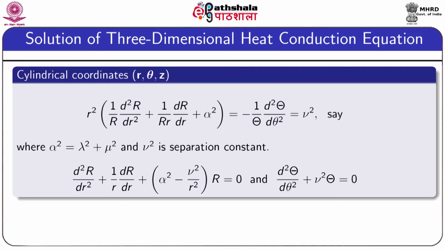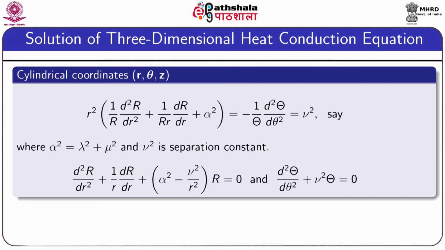Now, it remains to separate the functions capital R and capital theta. So, in this step we are again going to separate capital R and capital theta, taking nu square as our separation constant.